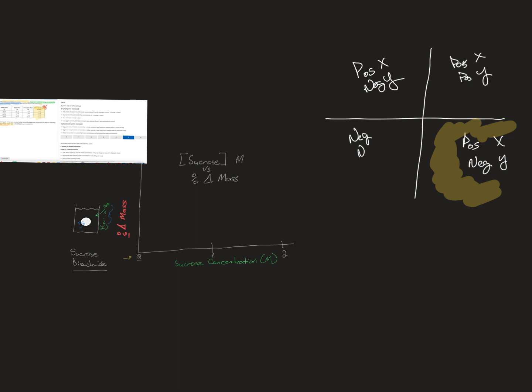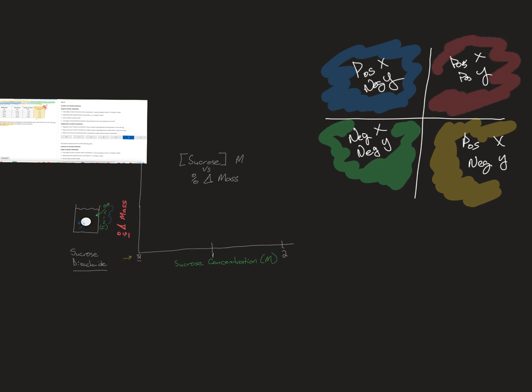That's what you should be thinking of when you're graphing. Well, gee, over here, if I have a negative x and a negative y, I have to be in this quadrant. If I have a positive x and a negative y, it's going to be in this quadrant. And if I have a positive x and a positive y, it's going to be in this quadrant.